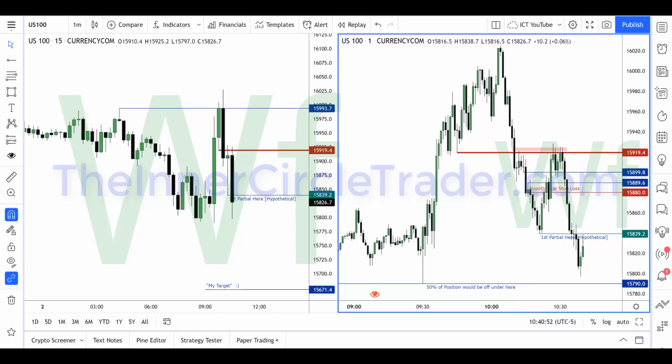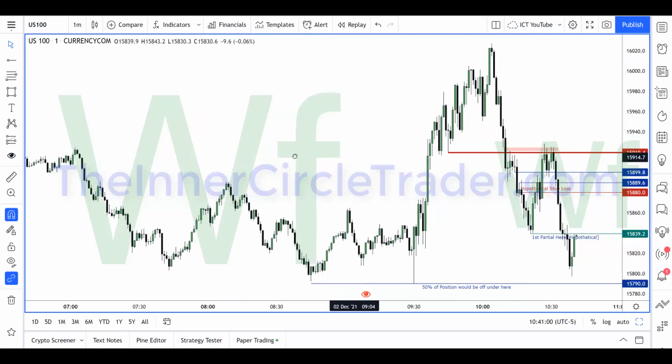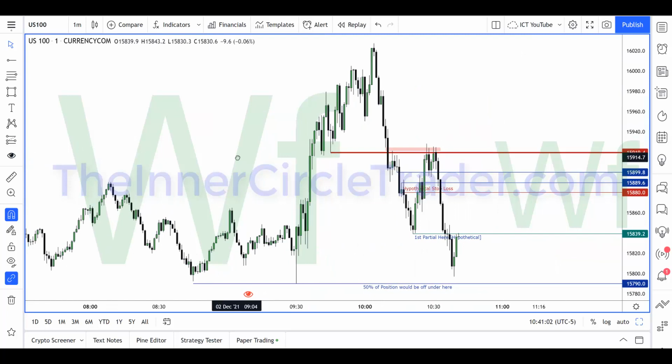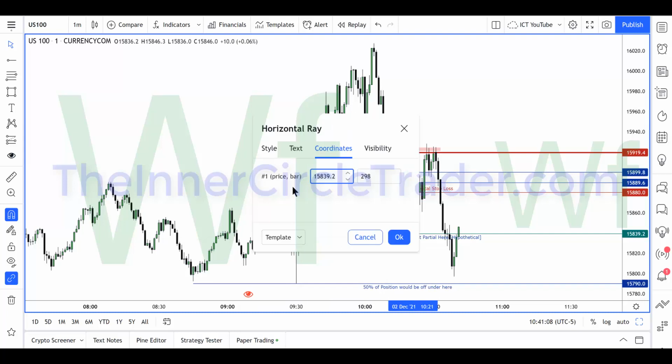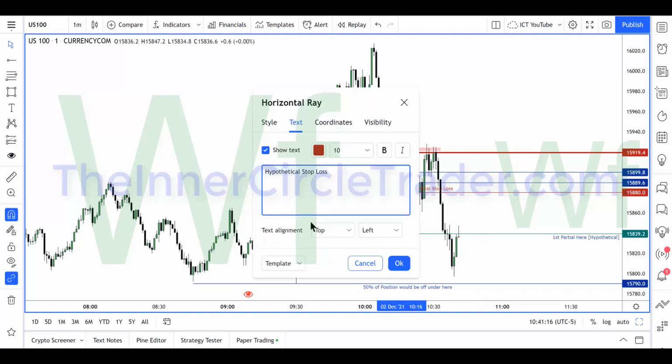So I got 50% of the position that would come off if it goes below 15,790. Let's maximize that now. All right, so you can see it. So this is a 15-minute bearish order block framework. And I'm just changing this here so that way it looks a little bit easier on the eyes.